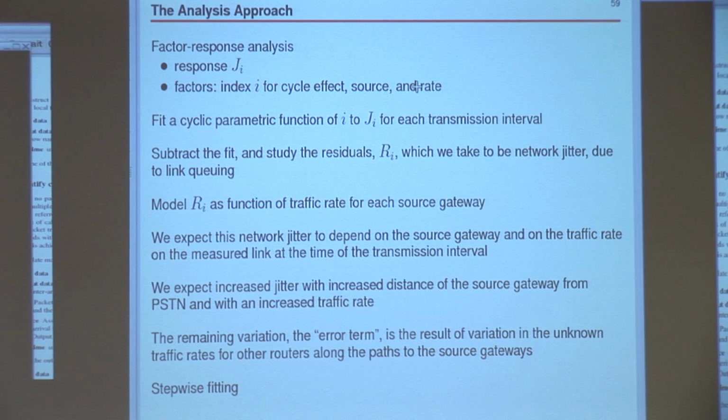We discovered through analyzing this first visualization of the data, in an attempt to get a detailed view of the jitter, that we have not only as sources of variation the gateway and the traffic rate on the link where we collect, but also this other factor, the cycle of 9 coming from the source gateway.